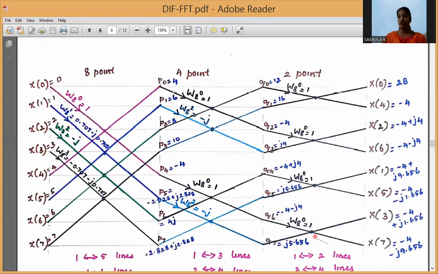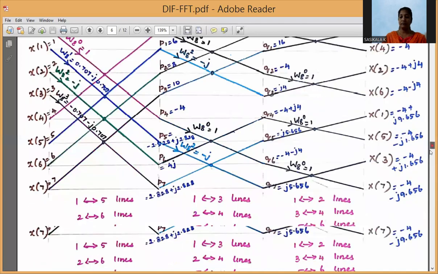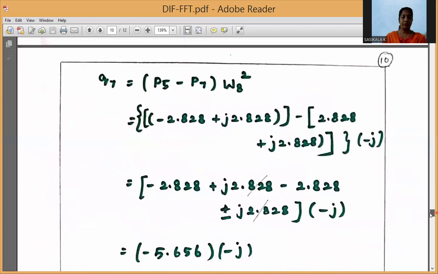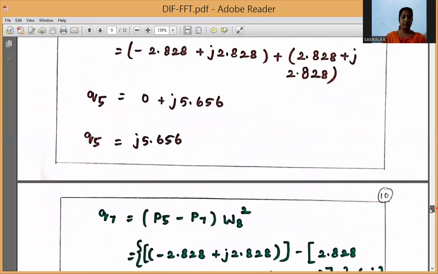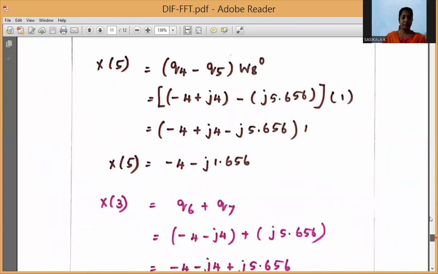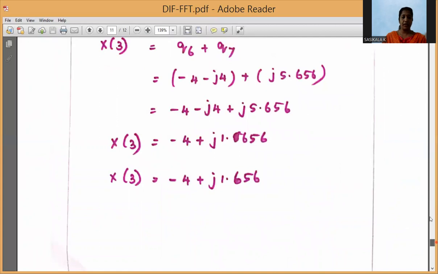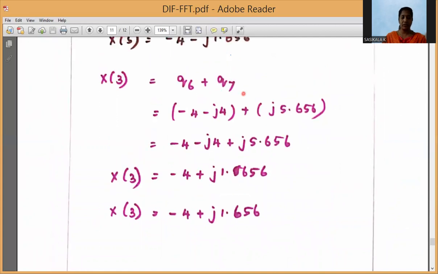And come to the fourth butterfly. So here the outputs are X of 3 and X of 7 and the inputs are Q6 and Q7. So X of 3 equal to Q6 plus Q7 and X of 7 equal to Q6 minus Q7 into W8 power 0. So come to X of 3. X of 3 equal to Q6 plus Q7.